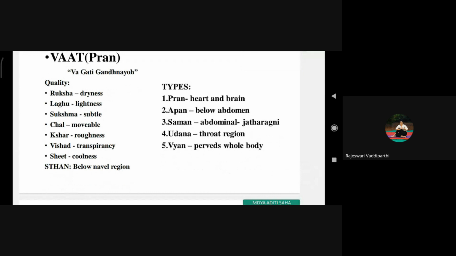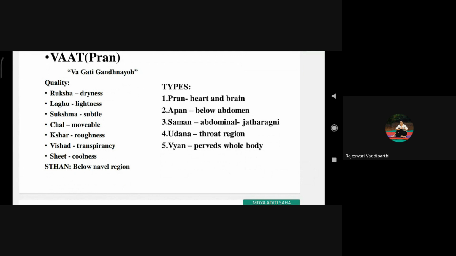Samana Vayu is very important to increase Jatharagni. If you have seen in villages or any part, it is a normal fact that for lighting up a lamp or for fire you need air.